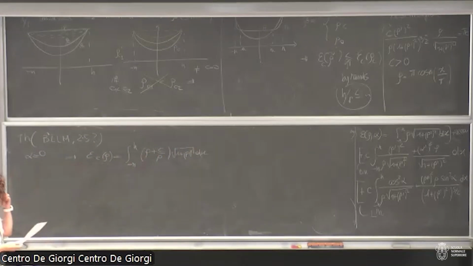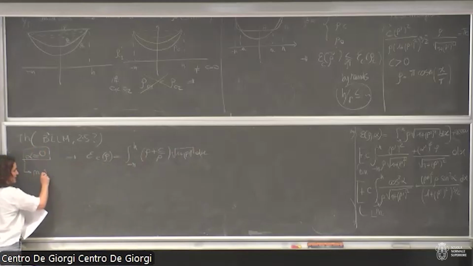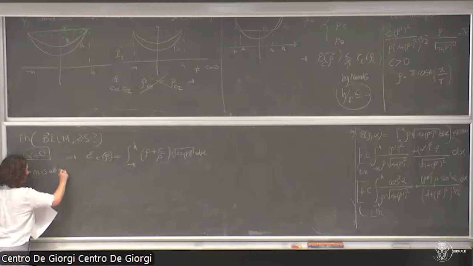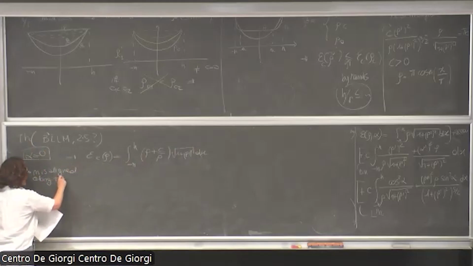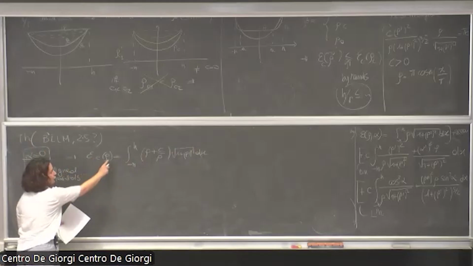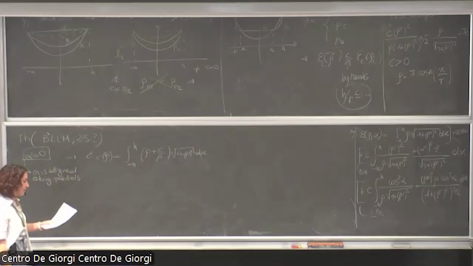So in the specific setting of alpha equal to 0, N is aligned along parallels. What you get is exactly this energy functional.